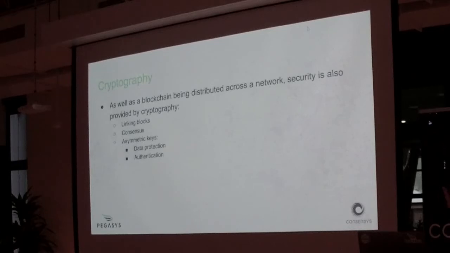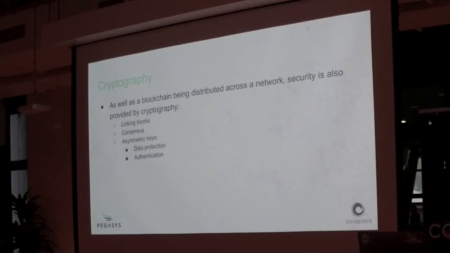Basically, there are three areas where we use cryptography within blockchain. The first is to link the blocks together. In the consensus mechanisms that I was talking about, there's some degree of cryptography involved.